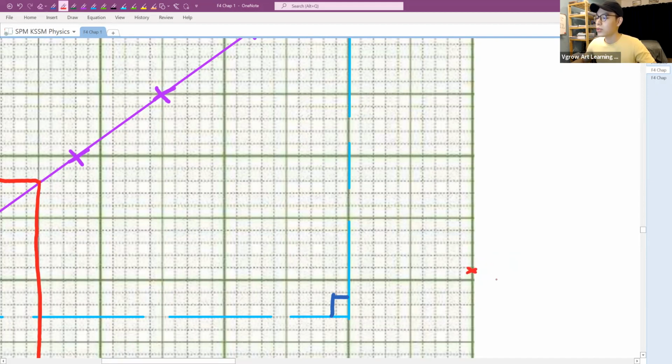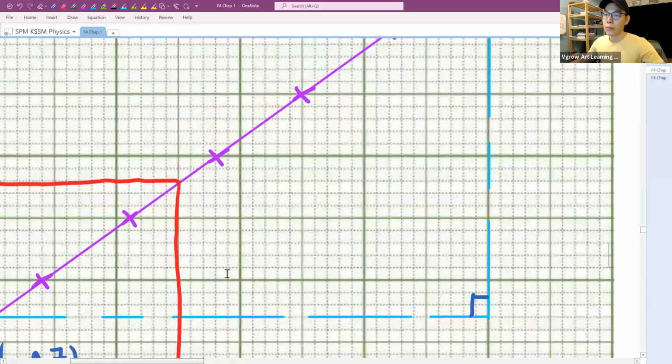Because maximum you can only split into half a small box. Okay, you cannot say you want to take 3/4 of it like that, cannot. A small box maximum can split into half only. This applies to your maths or your sciences, same. That's how much you can split your graph only. The box is already so small, maximum can split only by half.